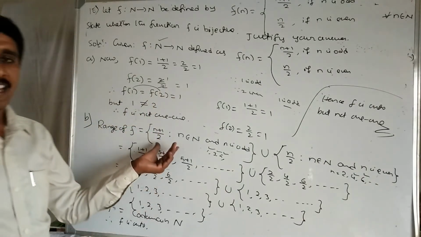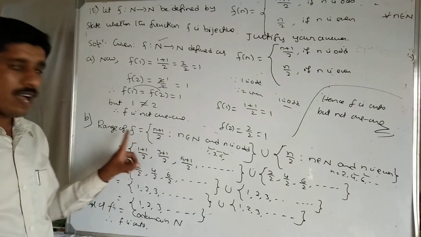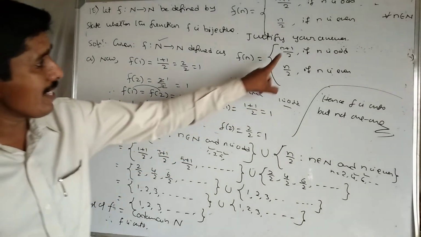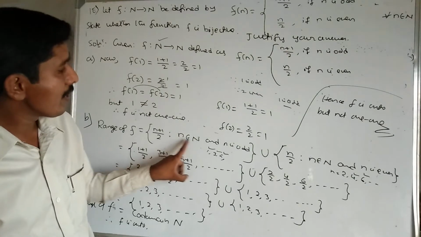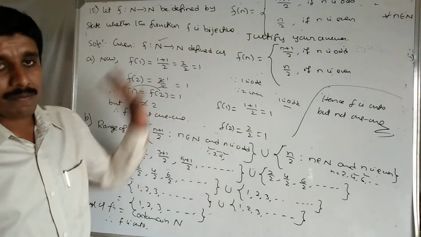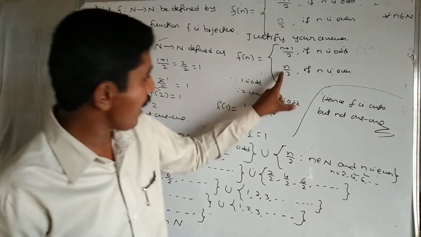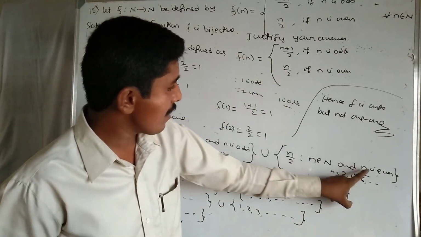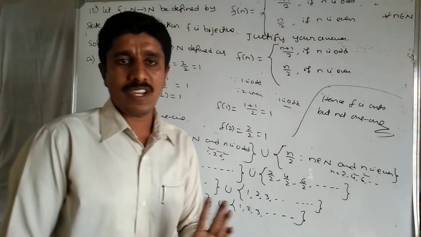Daily I am doing the alternative method. Mind it. Range of f equals (n+1)/2 such that n is odd and n must be a natural number, union the second range n/2 such that n is even and n must be a natural number.